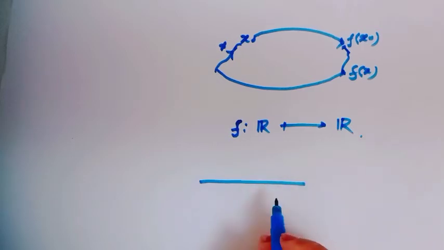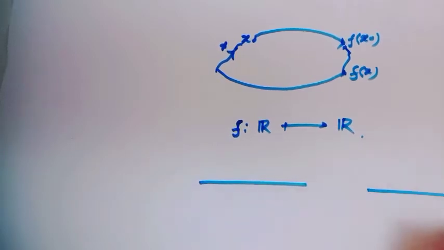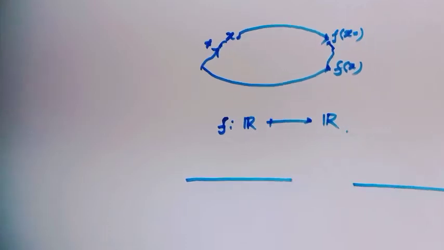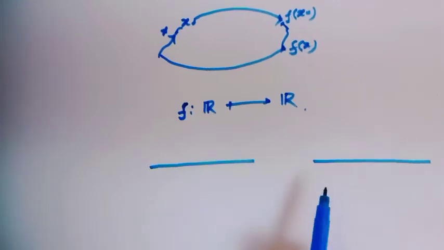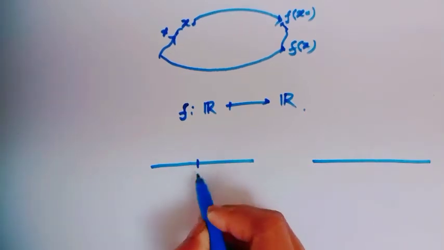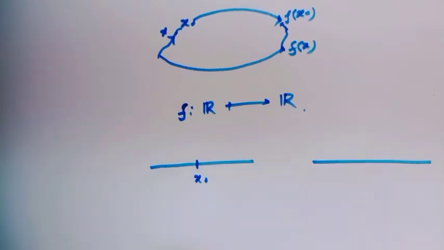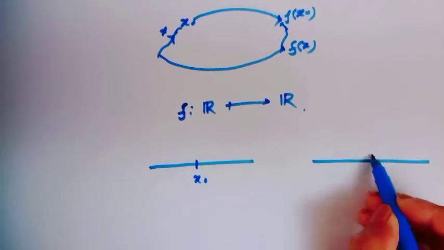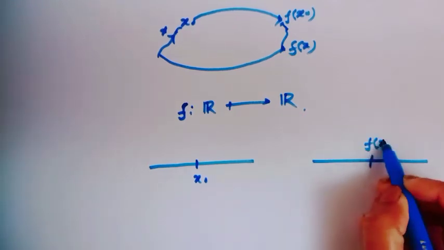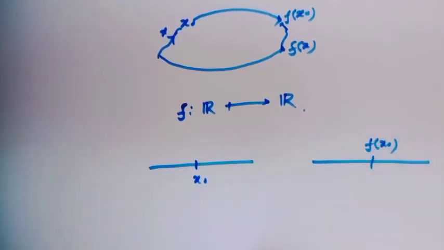You have a domain, and this is also a real line. You also have the codomain part. Here fix x0, and this is fx0.